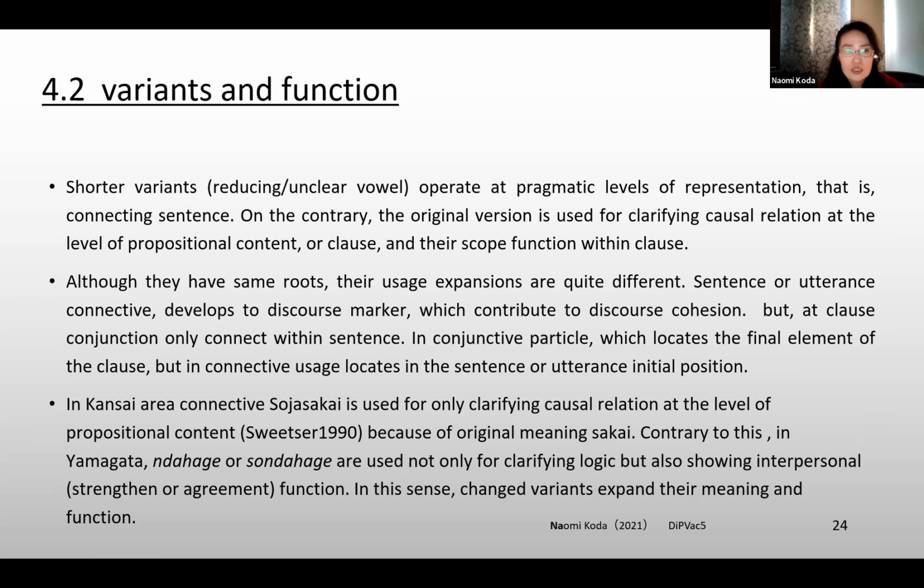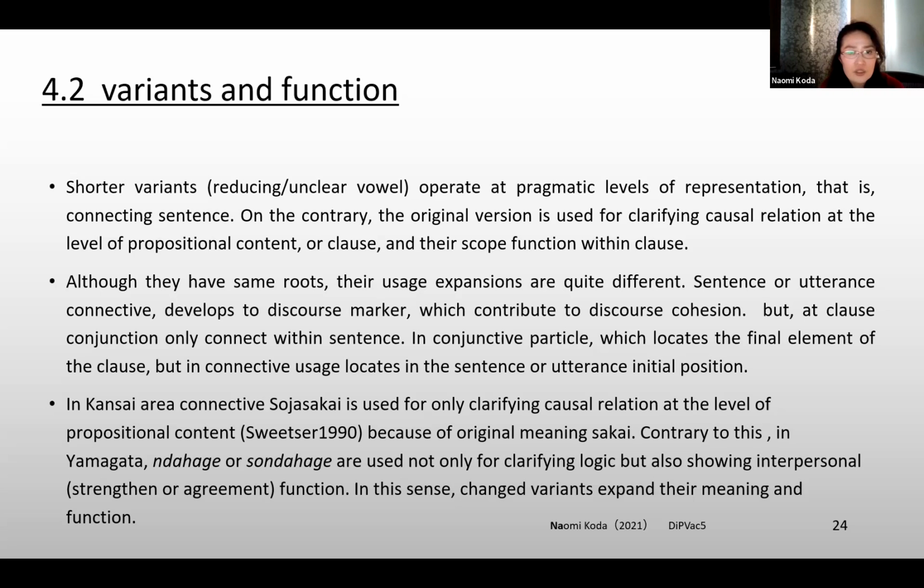Sentence or utterance connective develops to discourse marker, which contributes to discourse cohesion. But the conjunctive particle only connects within a sentence. The conjunctive particle locates at the final element of the clause, but in connective usage it is located in sentence or utterance initial position.